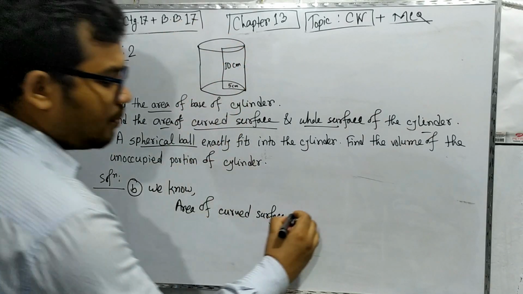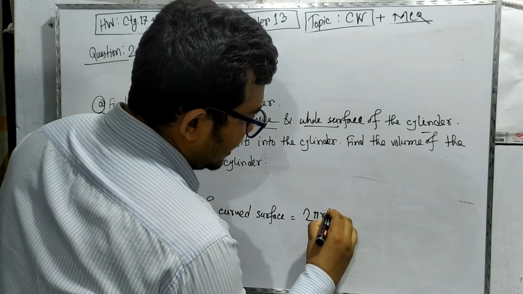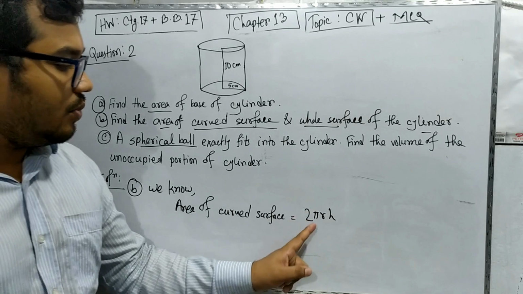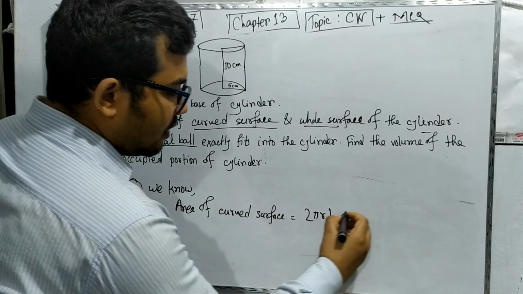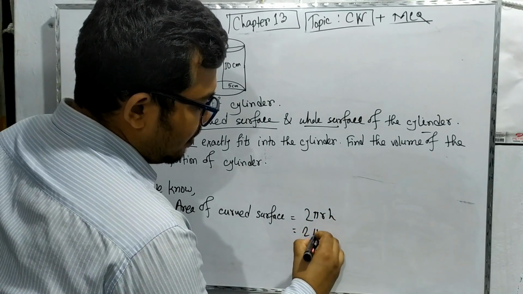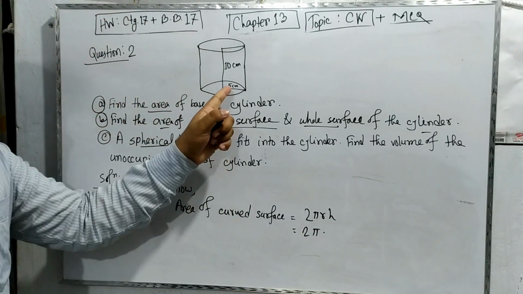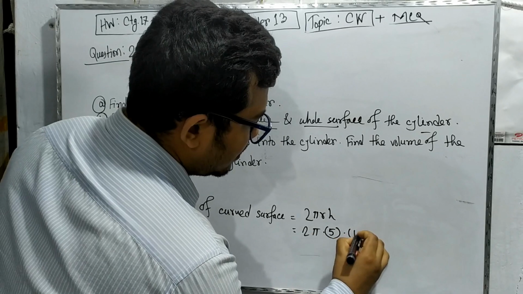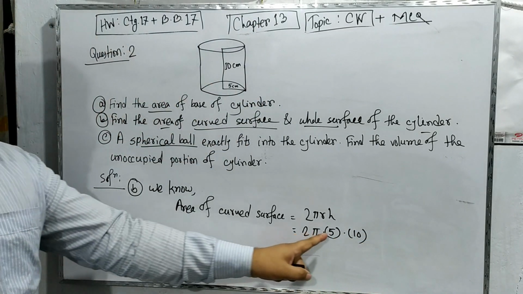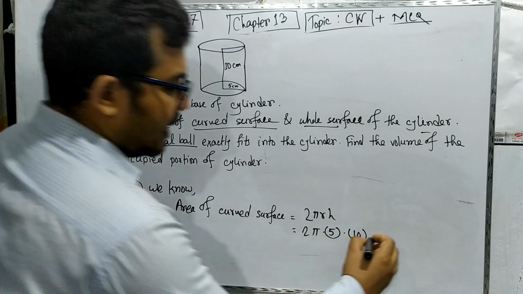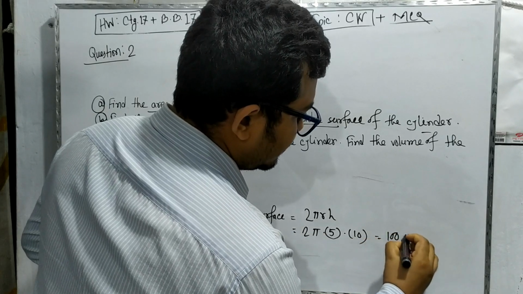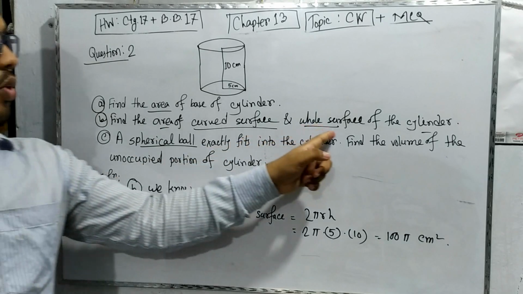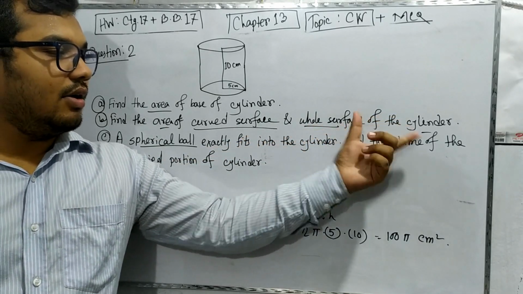Area of curved surface is 2 pi r h. So area of curved surface of a cylinder will be 2 pi r h. Thus putting the values in here, 2 pi, here r is given, that is 5, and h is 10. So if we multiply, 10 into 10, it is 100 pi, and that is the answer, in centimeter square.